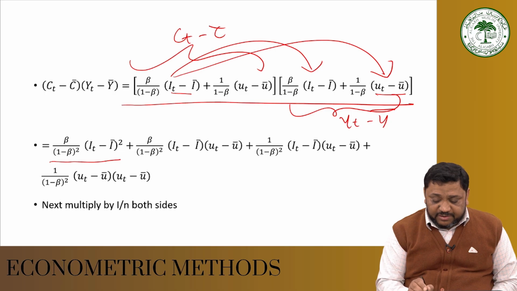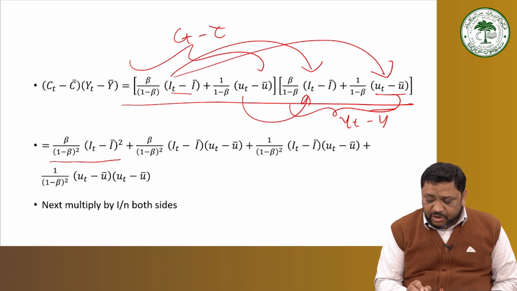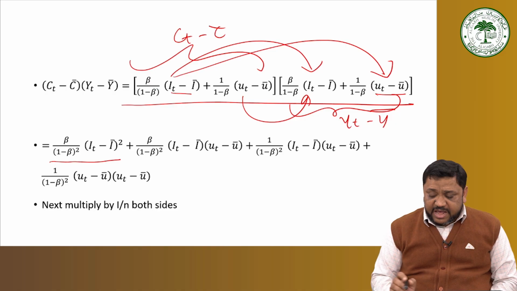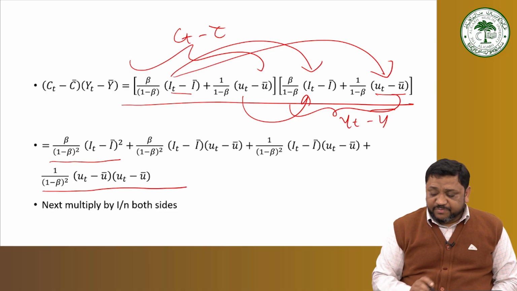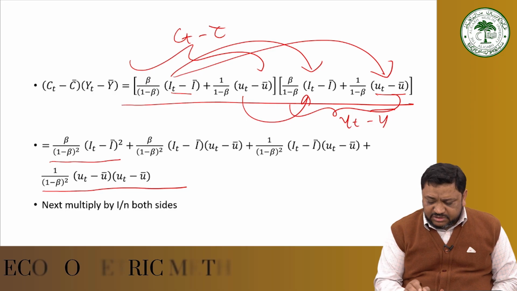Next time we multiply this with this, so down it becomes 1 upon (1 minus beta) square times (it minus i bar) multiplied by (ut minus u bar), and next time it becomes 1 upon (1 minus beta) square times (ut minus u bar) square.